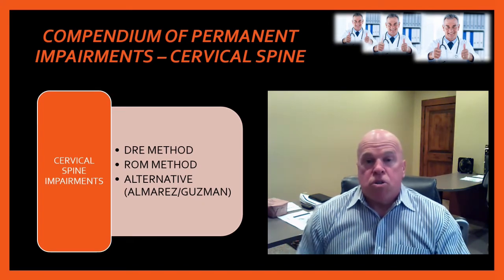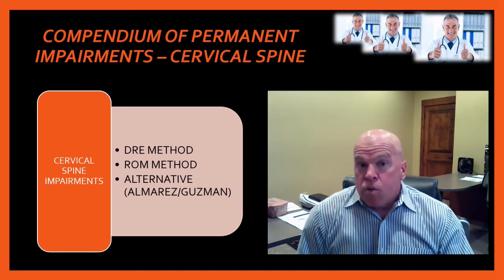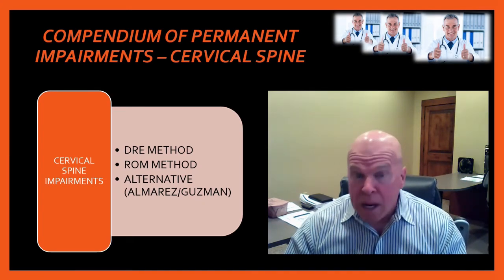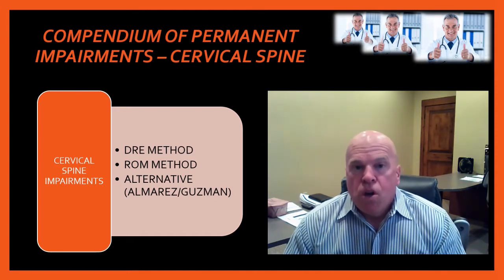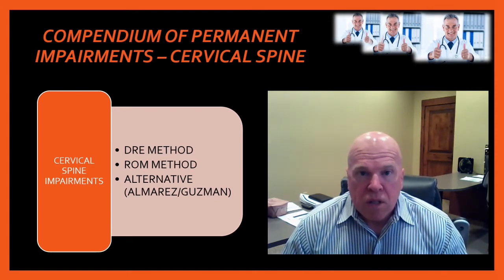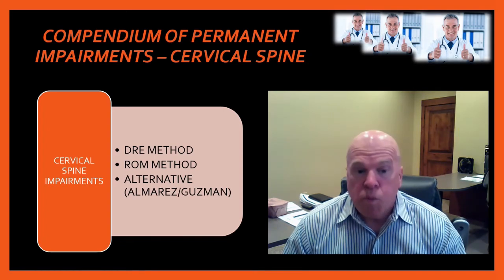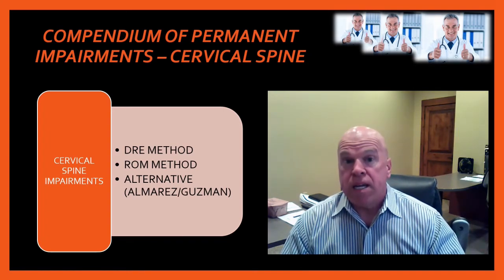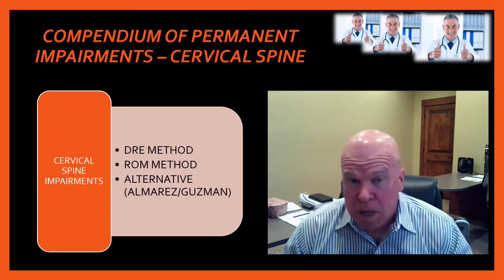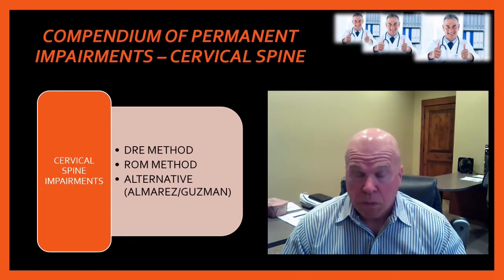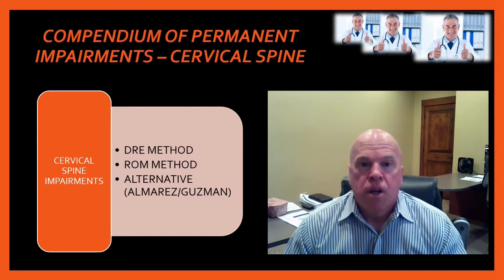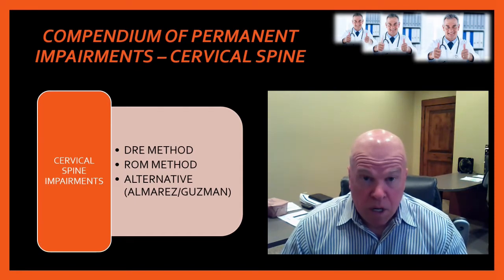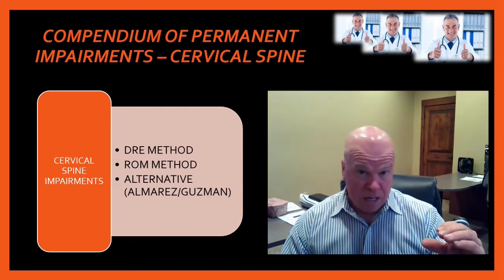So with regards to the product I'm sharing with you today, which is the Compendium of Cervical Spine Impairments, we took the cervical spine impairments contained within hundreds of reports, and we organized them by, number one, the DRE method. In other words, those permanent impairment arguments that were argued through the use of the DRE methods, we organized those.